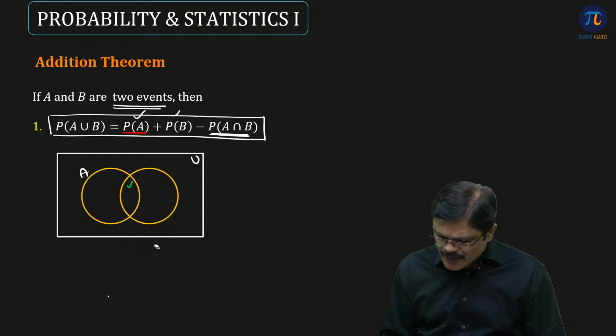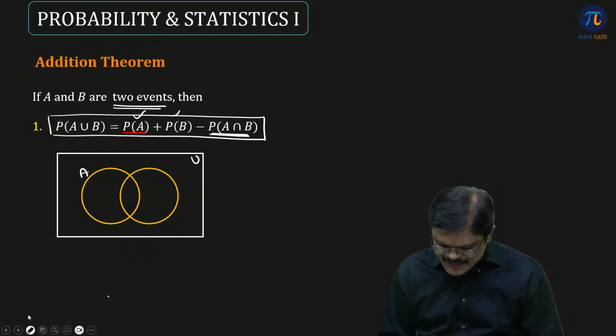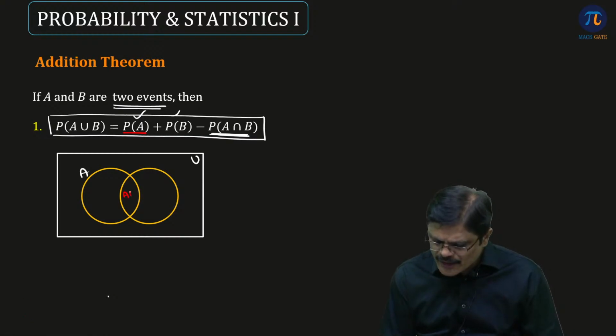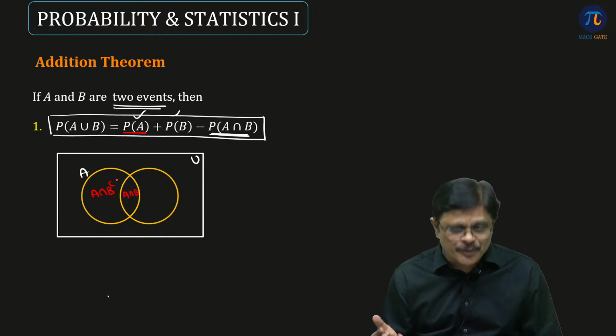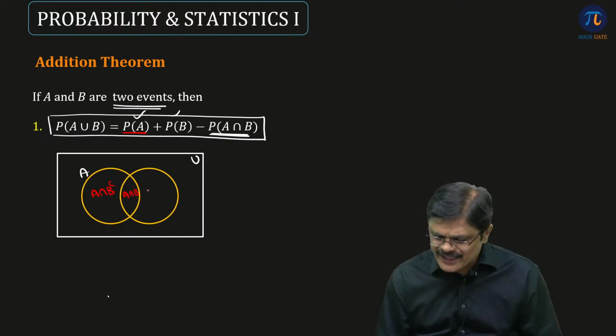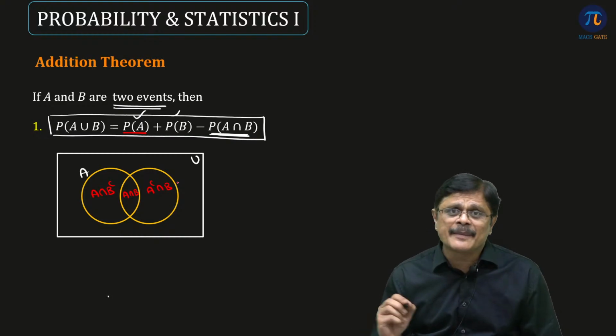Okay. Now let me introduce different regions in this. So here, this portion is called A and B, whereas this portion is A but not B, and this portion is not A but B. That is, A is absent but B is present.